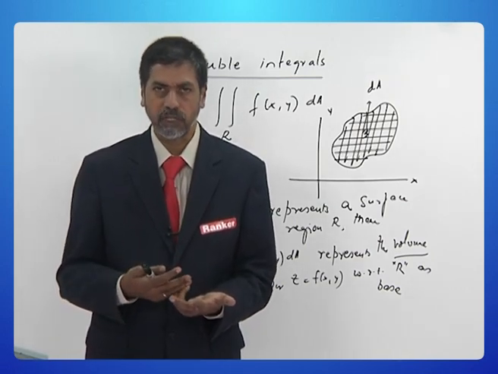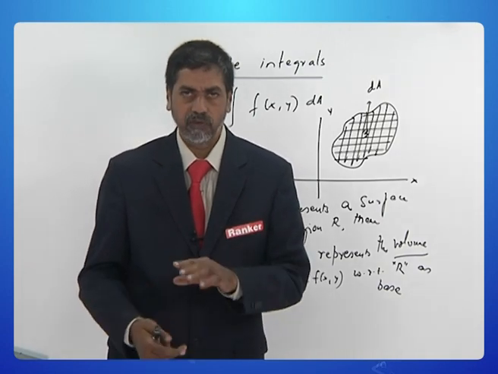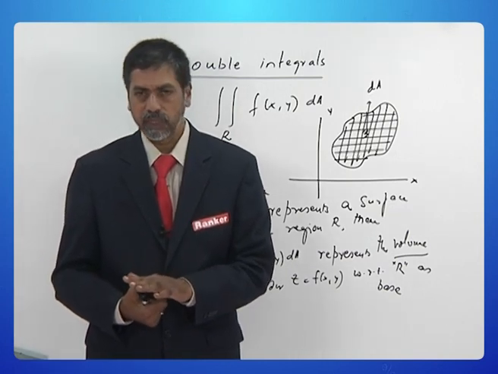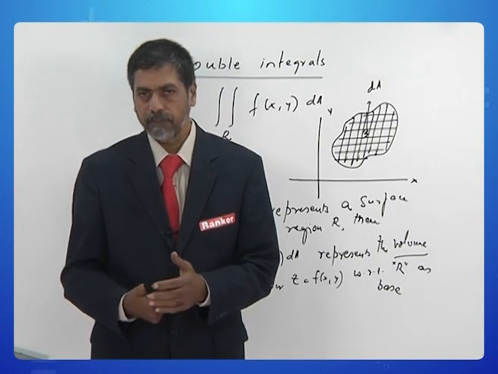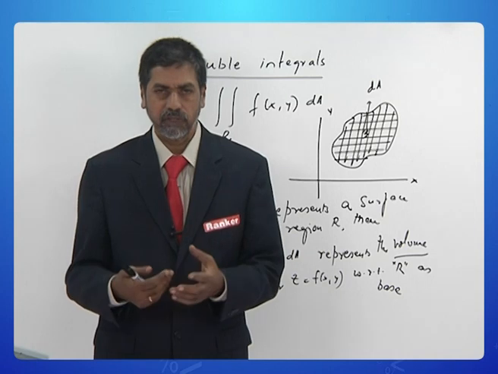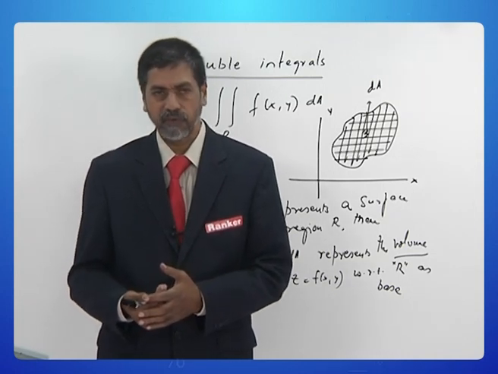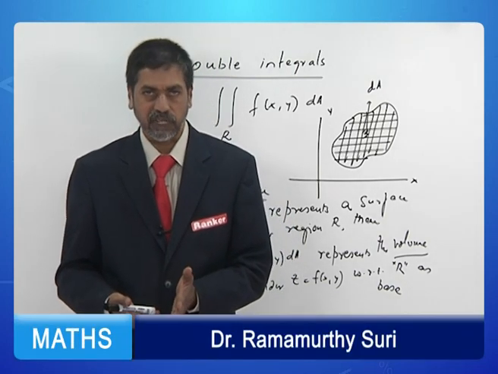If f of xy is the density, then we are calculating the mass. And we all know how important these interpretations are, because suppose we are discussing situations in mechanics, then the density function plays an important role. Once you get mass, then there are other related calculations that we can make. For example, we can find out moments of inertia and radius of gyration and things like that.